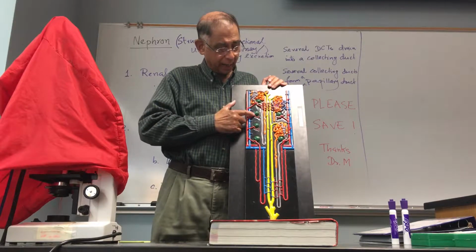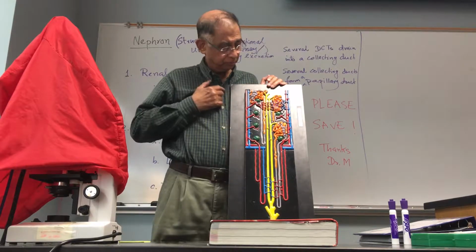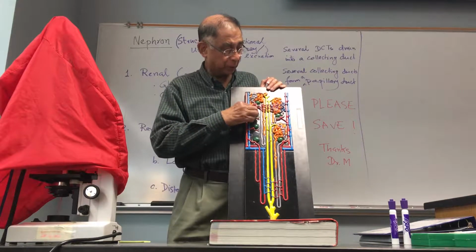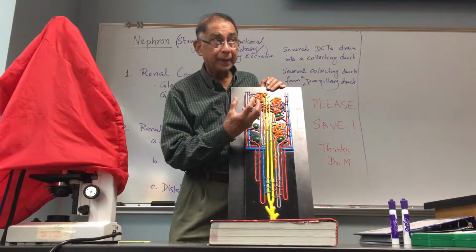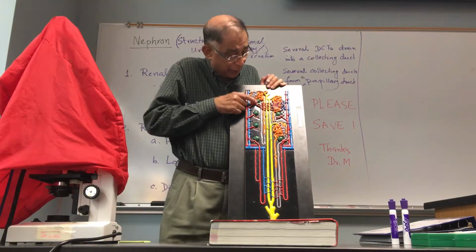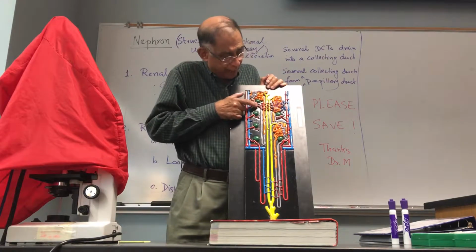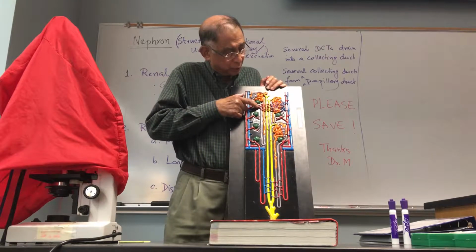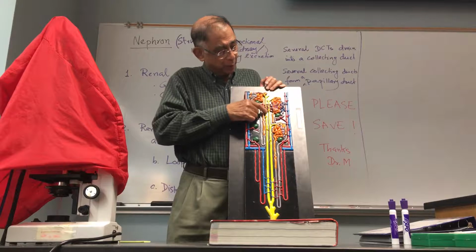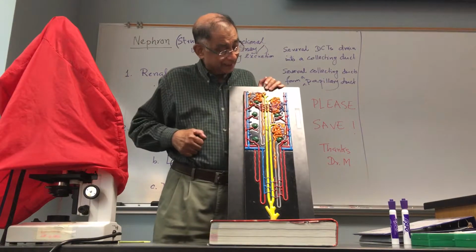These are afferent arterioles. The afferent arteriole enters into the Bowman's capsule, breaks up into a capillary network called the glomerulus, and these capillaries again form an arteriole called the efferent arteriole, which forms a capillary network called peritubular capillaries.